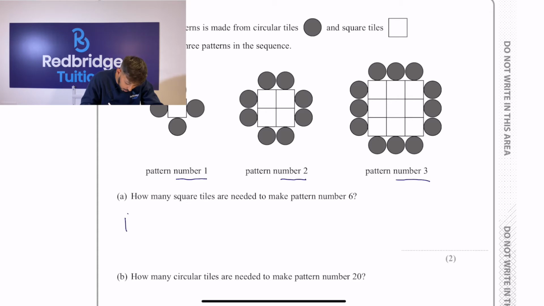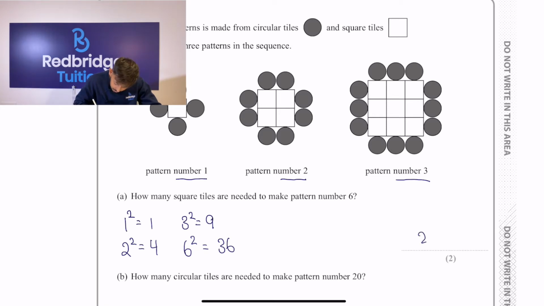So 1 squared is equal to 1, 2 squared is equal to 4, and 3 squared is equal to 9. To work out the number of square tiles required for pattern number 6, all we need to do is 6 squared. So 6 squared is equal to 36.